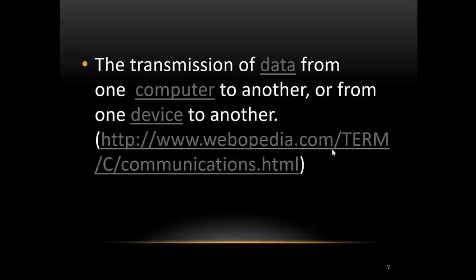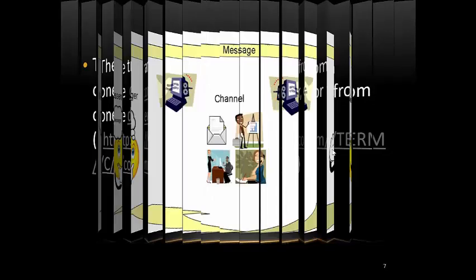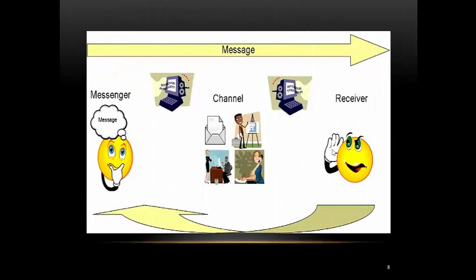Transmission of data from one computer to another or from one device to another. This is another definition of communication. So, it is also the same. There is a messenger and a channel.